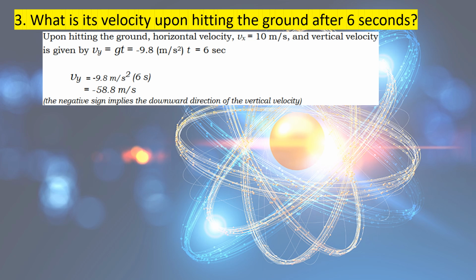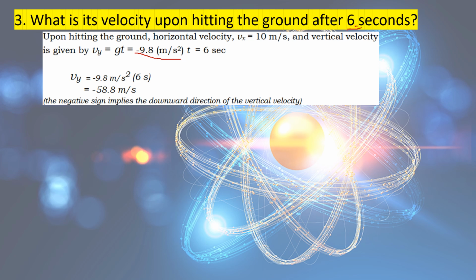G here stands for the acceleration due to gravity, which has a constant value of negative 9.8 meters per second squared, times the time, which is 6 seconds.